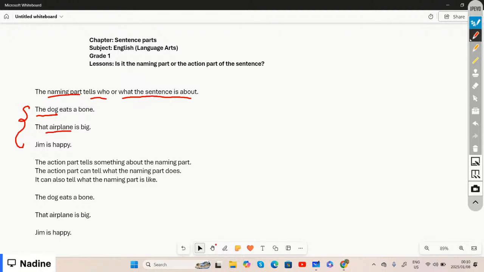Who or what is doing the action? It says Jim is happy.